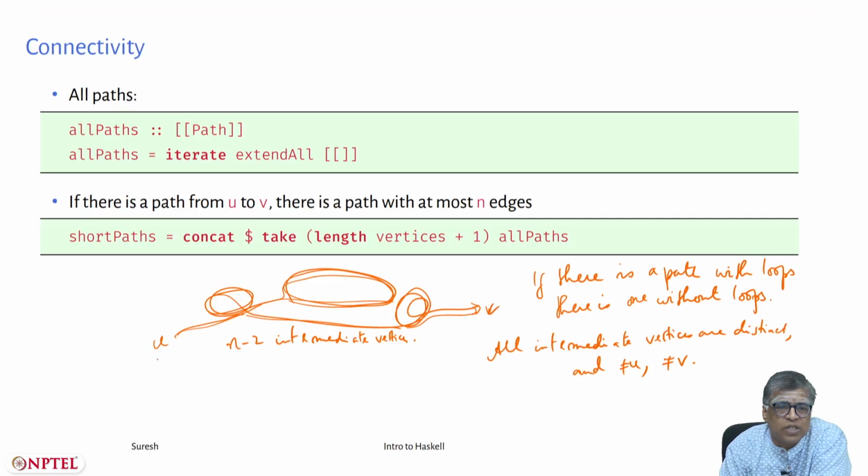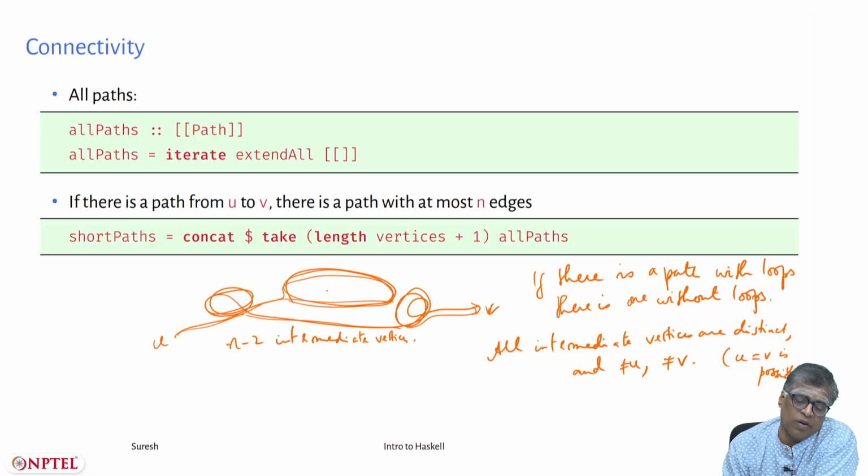And then you have 2 vertices here and there, but we missed out one thing, U could be equal to V, in which case you are just saying that intermediate vertices are all distinct, none of them is U. So you can certainly say there are at most n minus 1 intermediate vertices and there are 2 vertices at the end, so that makes it n plus 1 vertices.